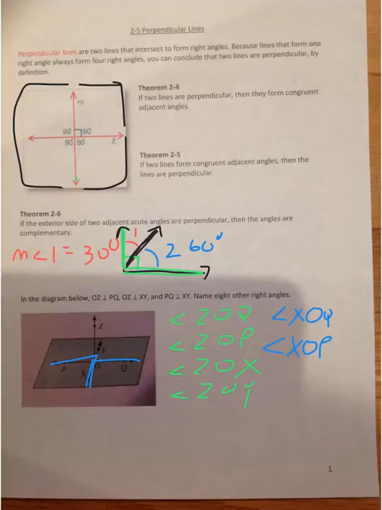We would have YOP. And I'm going to do some erasing here because I can't see. YOQ. There you go. There's our 8.